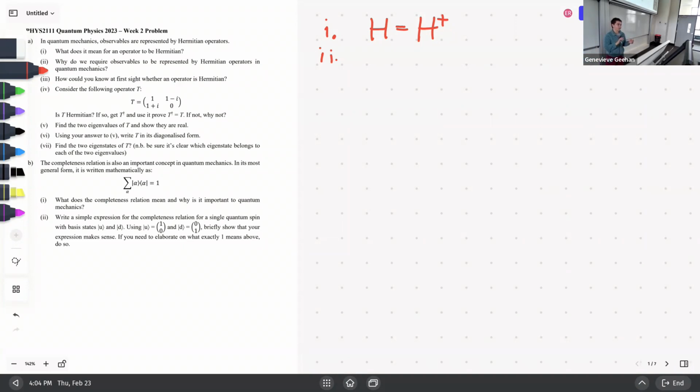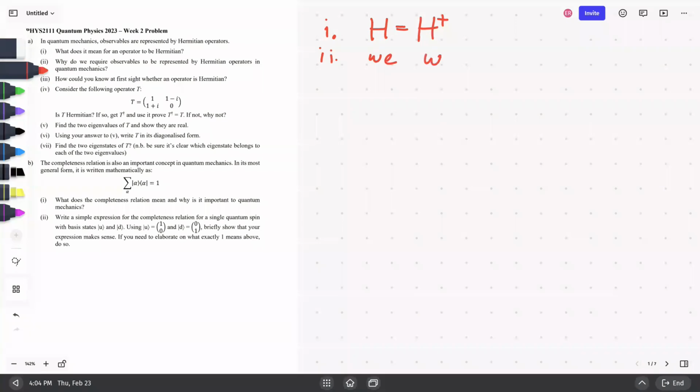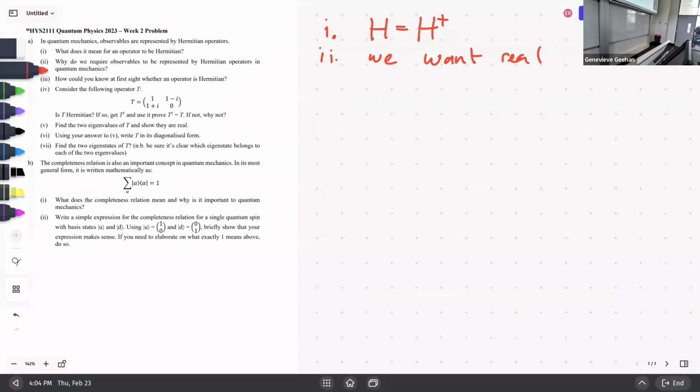Some people got the wording a bit mixed up, so we talk about observables or eigenvalues. Wording in physics has to be quite precise. Sometimes it might seem like you're saying the right thing, but your words might be slightly off. So make sure you think about your wording and that you're saying the right things.